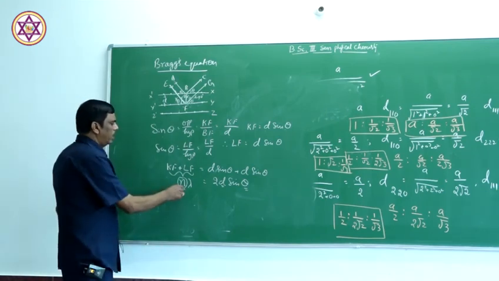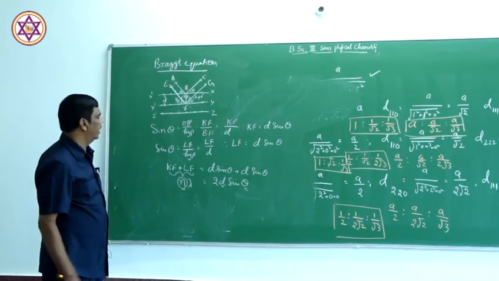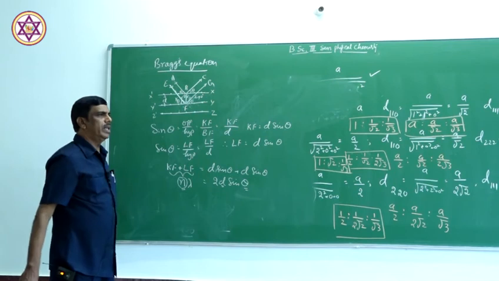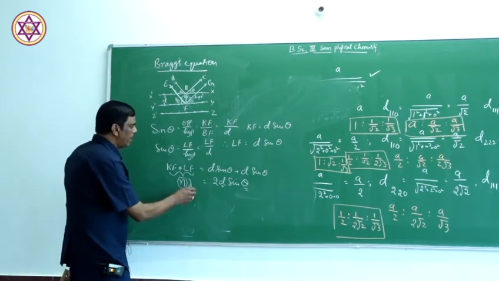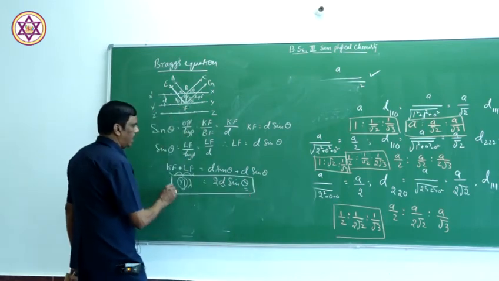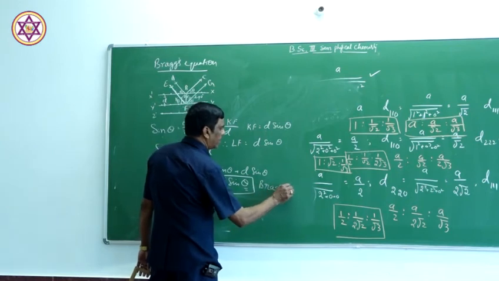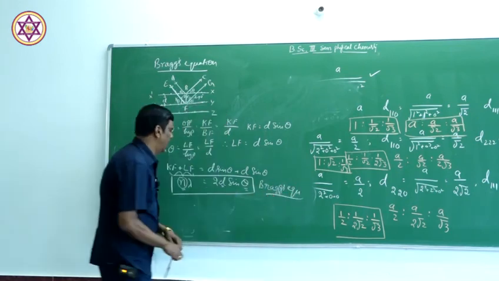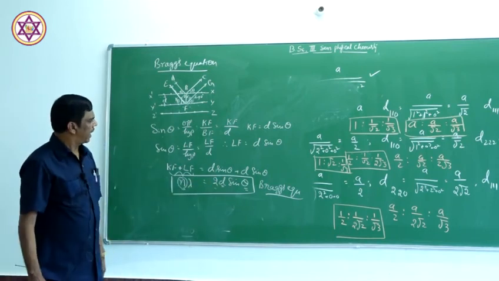Therefore, this n gives you the order of refraction, and when it is brightest, it is called first order refraction. This n lambda is equal to 2d sin theta is called Bragg's equation.